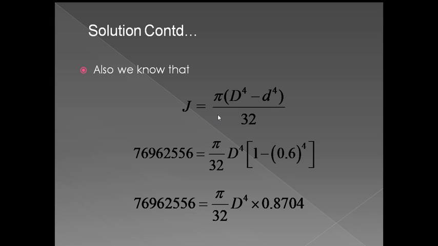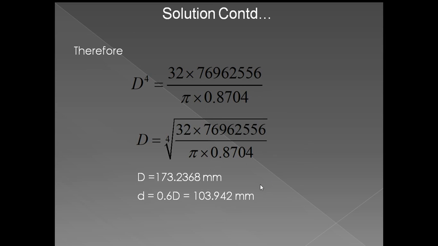By substituting the J value here and small d equal to 0.6 into capital D, and by taking out this D, solving this equation, we get the diameter as 173.23 mm, whereas small d is 103.94 mm.